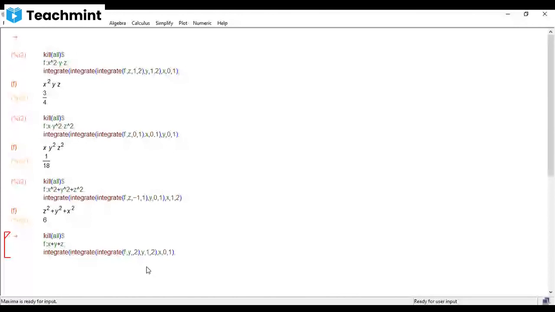From x square, so x cap 2, to square root of x. Then this answer has to be integrated with respect to z. And z varies from 0 to 3. And this answer has to be integrated with respect to x, where x varies from 0 to 1.